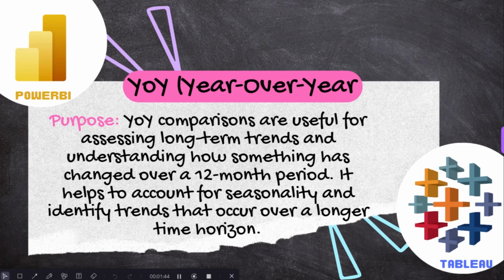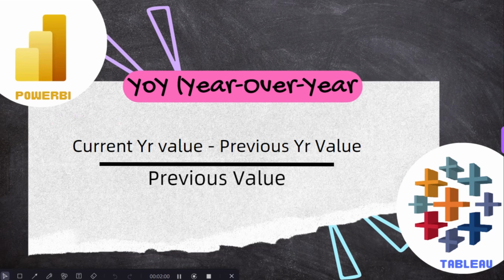Now, year over year comparisons are useful for assessing long-term trends and understanding how something has changed over a 12-month period. It helps to account for seasonality and identify trends that occur over a longer time horizon.